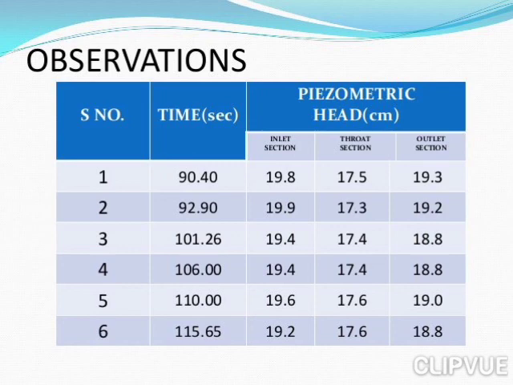So we have to now plot a table of the observations according to their serial number, their time, and the piezometric head, where the readings of inlet section, throat section and outlet section are mentioned according to their respective time.